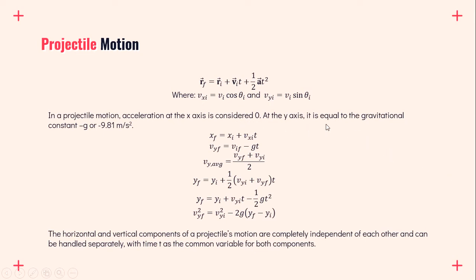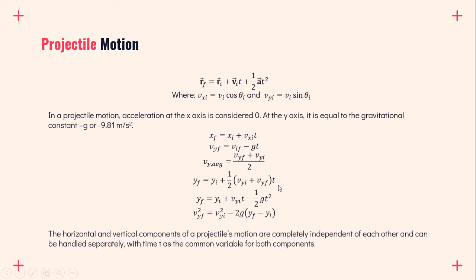On the y-axis, it is equivalent to the gravitational constant negative g, or negative 9.81 meters per second squared. These are the formulas that you need to remember in projectile motion. xf is equal to xi plus vxi t. Vyf is equal to Vyi minus gt. This is just Vf is equal to vi plus at, but substitute a for negative g. Then average velocity, you know this.